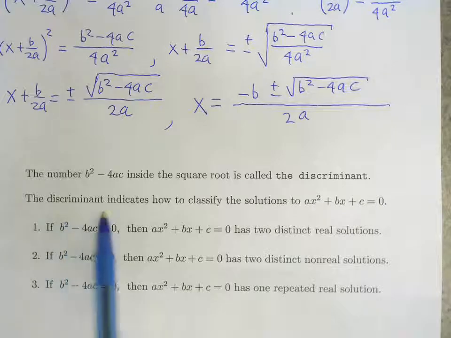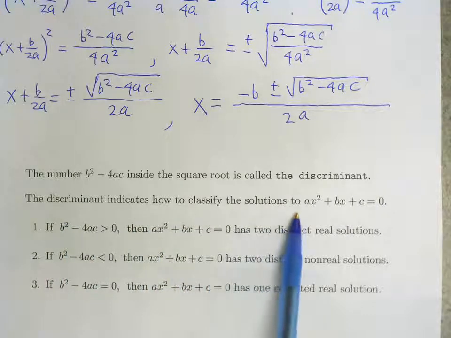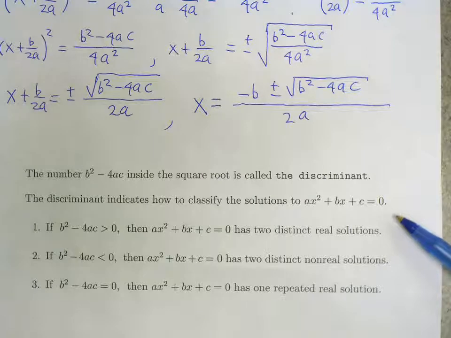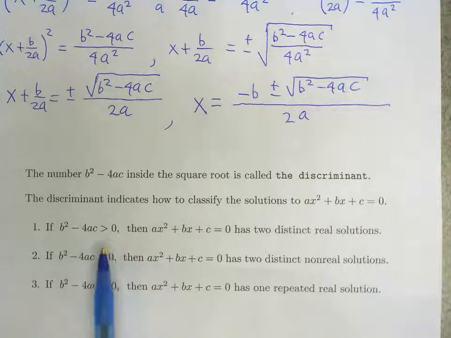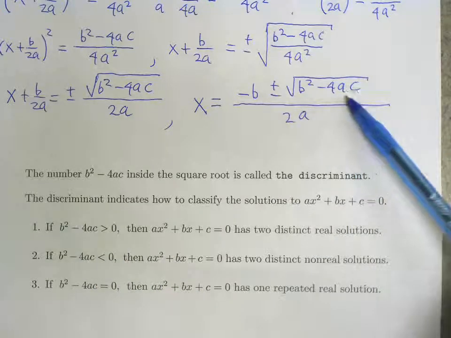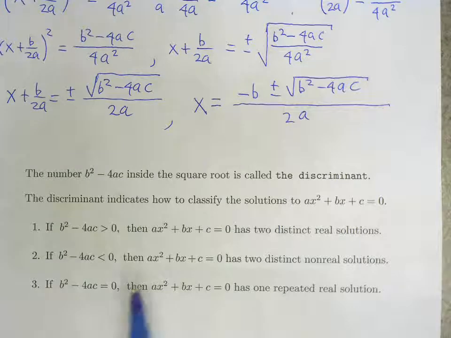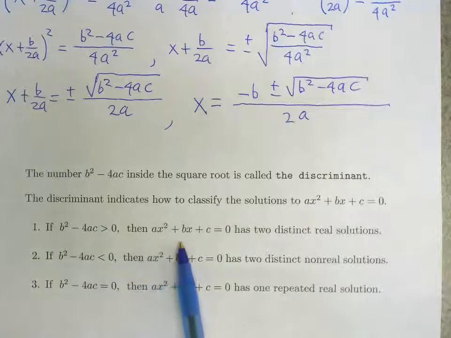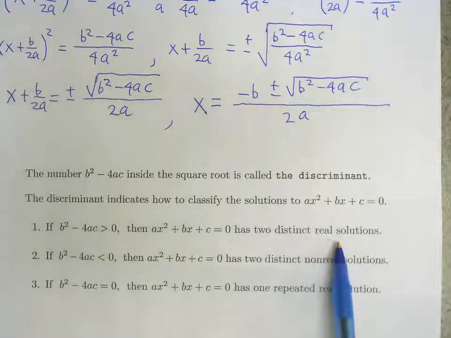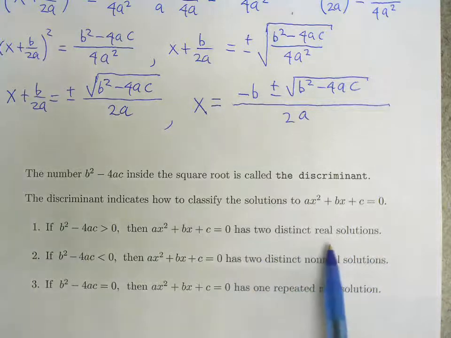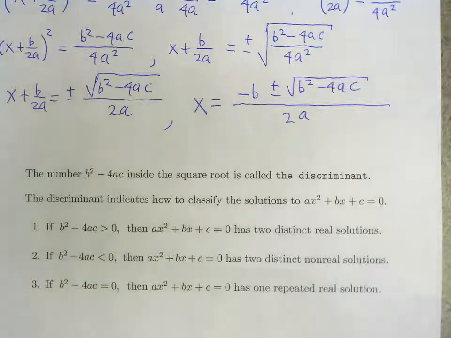Okay, so the discriminant indicates how to classify the solutions to ax squared plus bx plus c equals 0. If the discriminant is positive, that is, if b to the second minus 4ac is greater than 0, we know that the square root of a positive real number is a positive real number. So that means the equation has two distinct real valued solutions, or two different real numbers that are solutions.